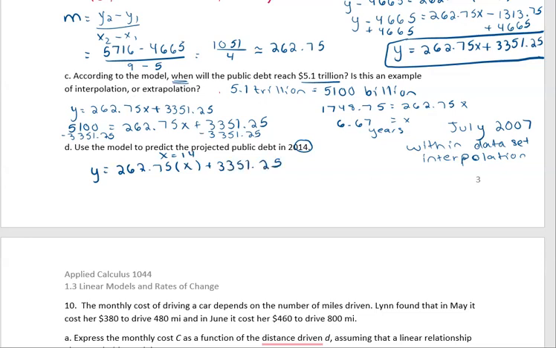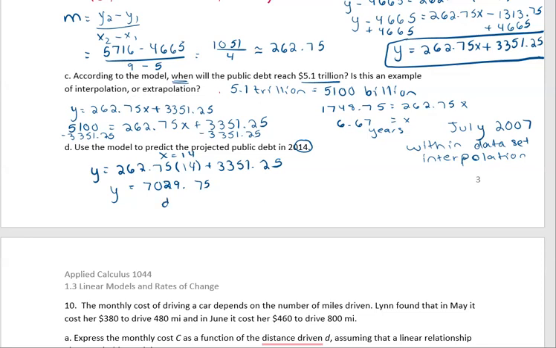So we're using our same model, but in the place of our x, we're going to put 14. So if we solve this down, it looks like it will be 7,029.75.